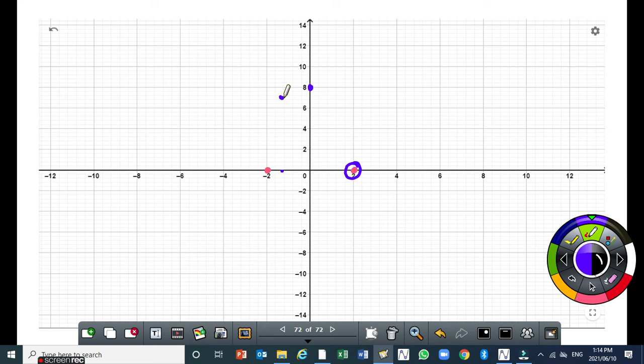It's 9, so it will be right at the top. So maybe it's 9 comma 5. So somewhere there. Okay. So let's sketch now.